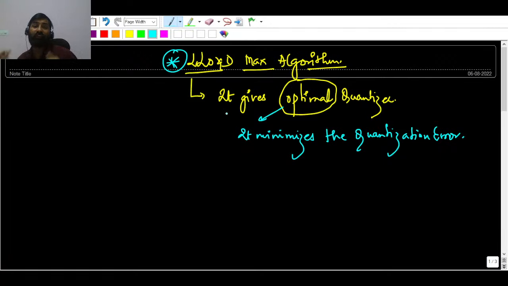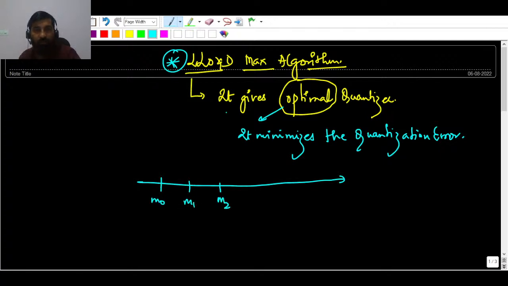For optimal quantizer, what we need is we need some intervals, okay, and we need to choose some quantization levels, okay? It need not necessarily be that the quantization level is in the mid of the boundaries, okay? Suppose you know these are the intervals. You can say m naught, 1, L. These are the intervals.